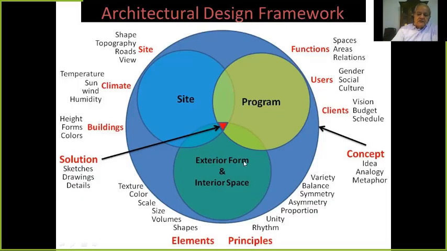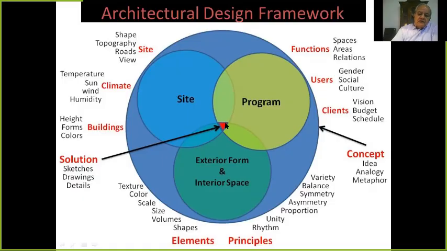The form has two things, the exterior form and the interior space. And in order to create this as architects, we use all the elements and principles of design that we have learned before. The shapes, the volumes, the size, the scale, the color, texture, and the principles of rhythm, unity, proportion, symmetry, asymmetry, balance, and so forth.